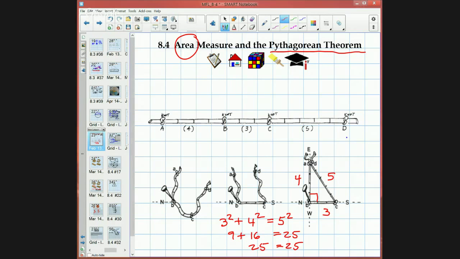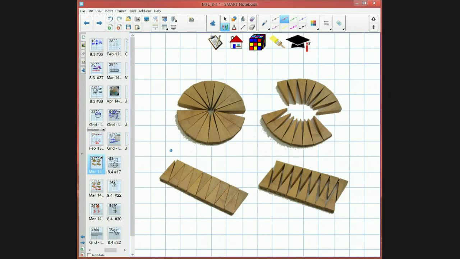Addressing area, one of the most famous things to find the area of is a circle, and this little model is a really effective way to show that. I know there's a little slice missing, but you can clearly see that we have a circle in the first picture on the top left. It is sliced up into pieces of pie, if you will.